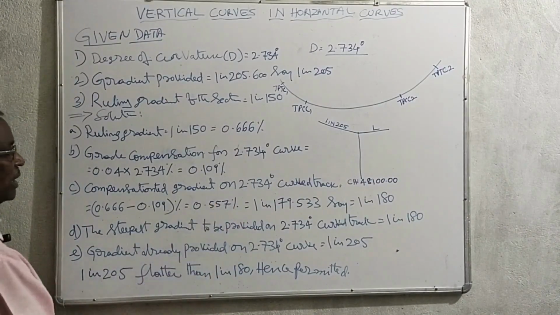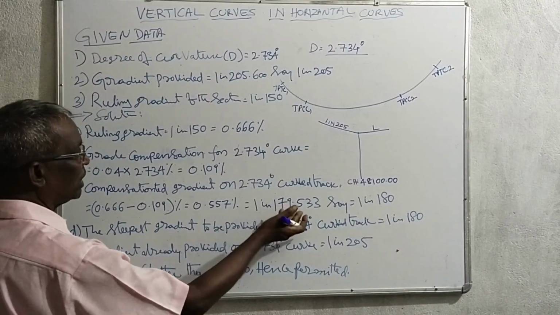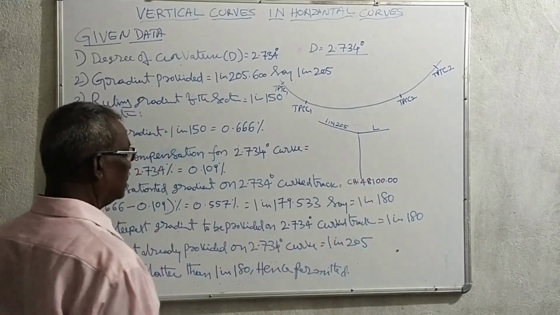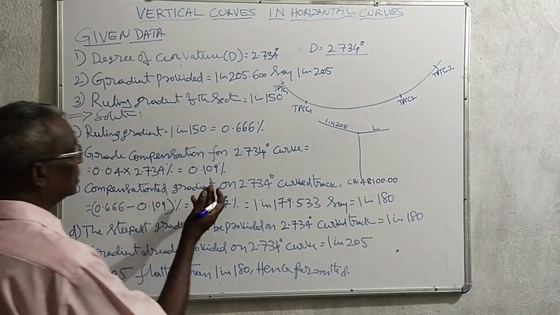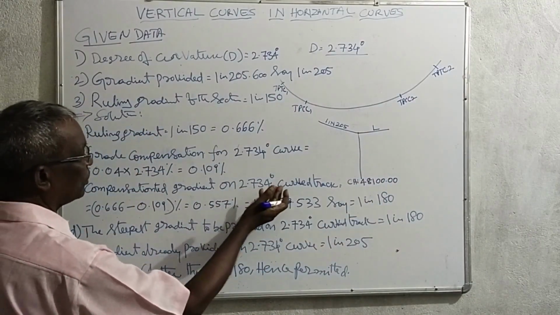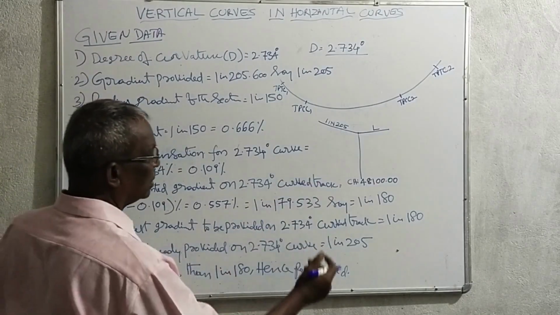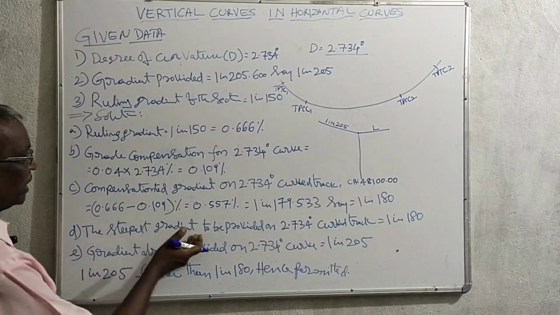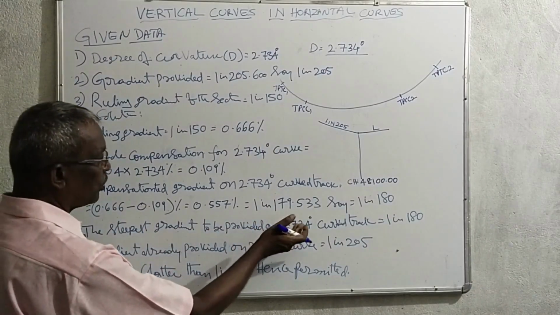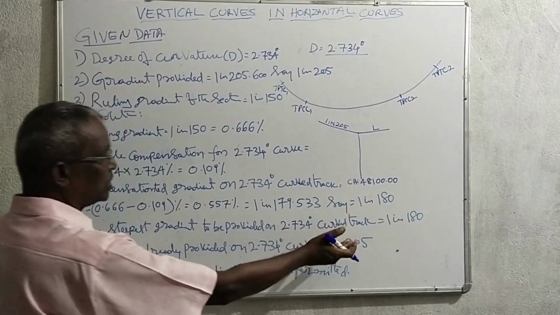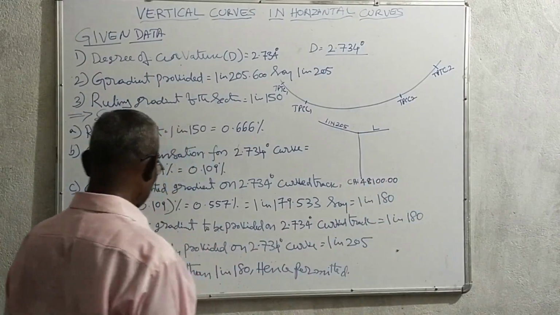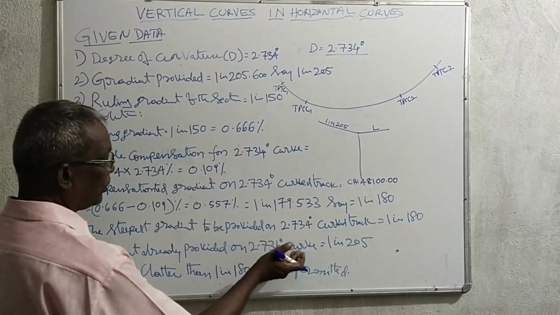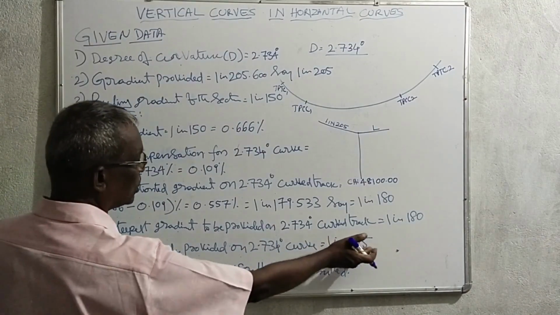We convert into gradient: 1 in 179.533, say 1 in 180. So the compensated gradient on a 2.734 degree curve track, minimum required, is 1 in 180. The steepest gradient to be provided on a 2.734 degree curve track is 1 in 180. Gradient already provided on the 2.734 degree curve is 1 in 205.